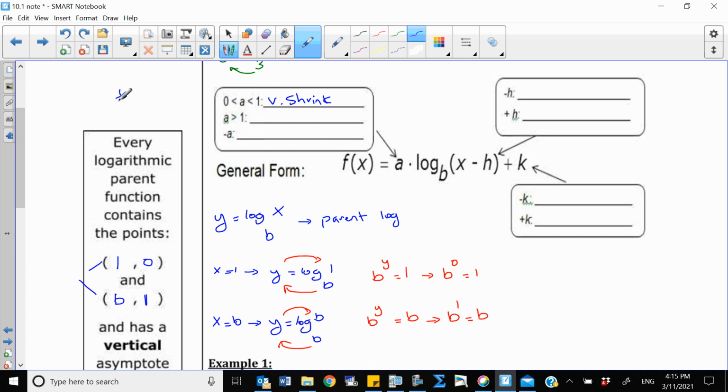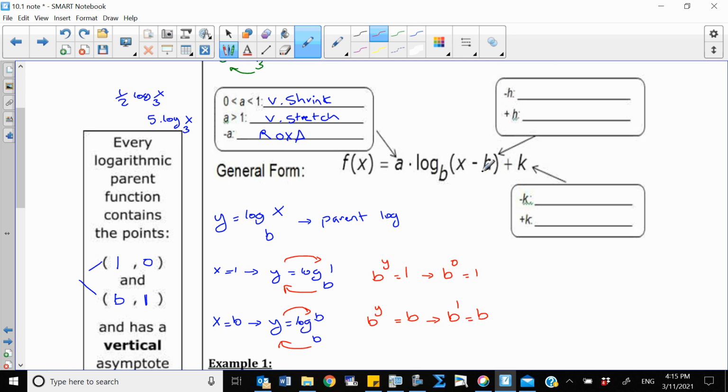For example, you have 1/2 times log base 3 of x. If the a value is greater than 1, then you have vertical stretch. For example, you multiply 5 by log base 3 of x. If the a value is negative, then we have reflection over x-axis.